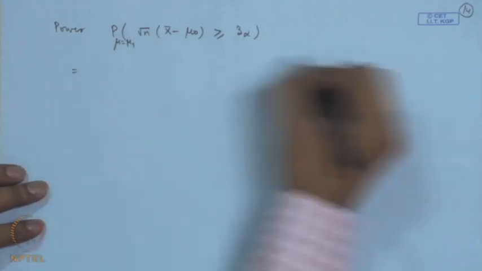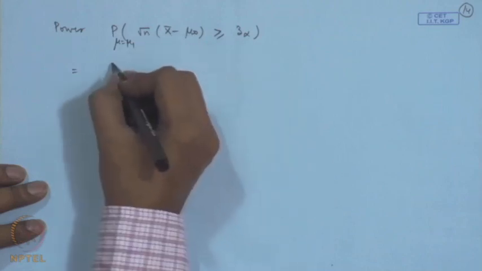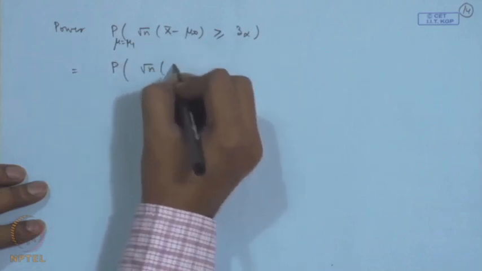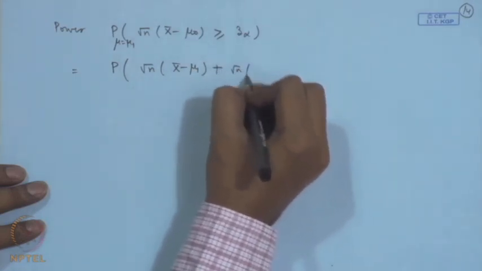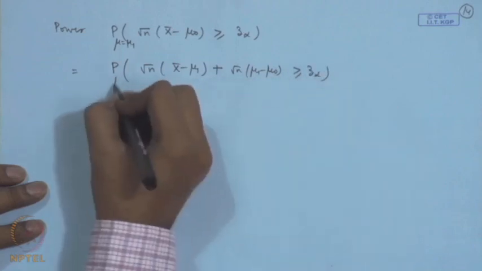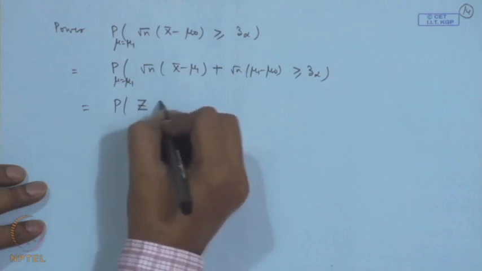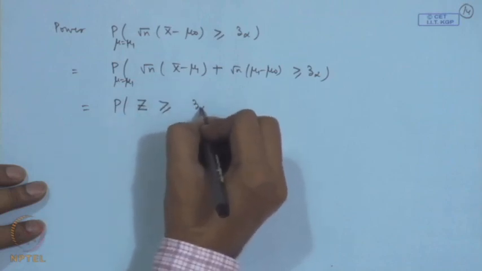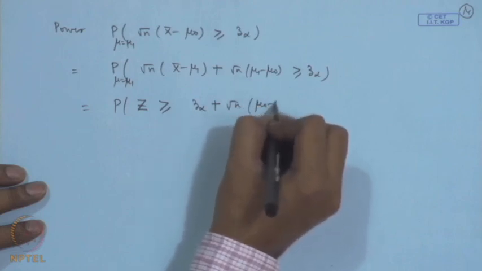So, that is equal to, when mu is equal to mu 1, this does not have the standard normal distribution, rather we need shifting here: root n times x bar minus mu 1 plus root n times mu 1 minus mu naught greater than or equal to z alpha for mu is equal to mu 1. That is equal to probability z greater than or equal to z alpha plus root n times mu naught minus mu 1.